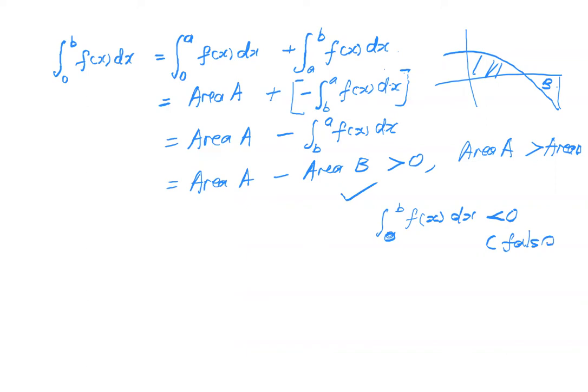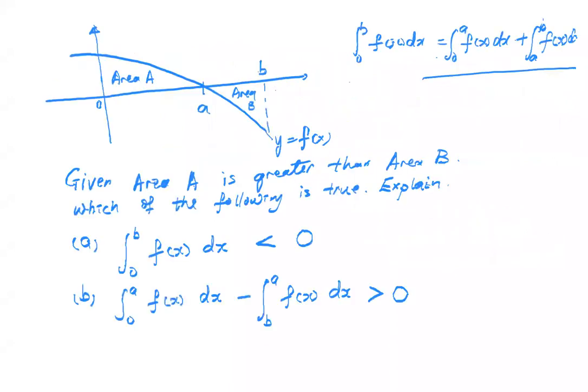Right? Got it? So how about the B? How am I going to justify B? So B should be true, because this is area B. This is area A minus area B. Am I right?